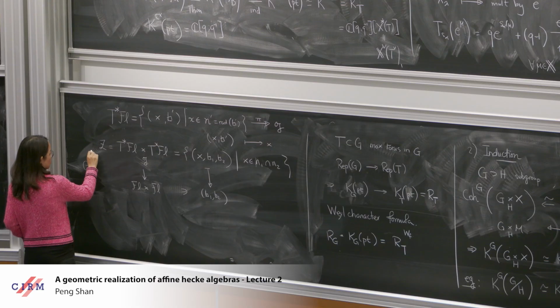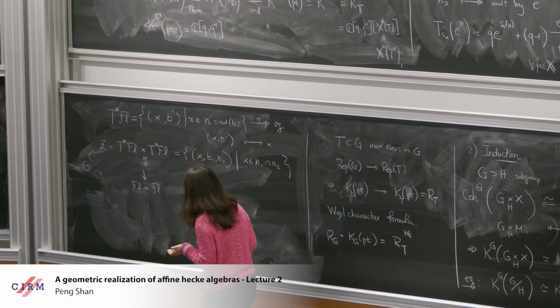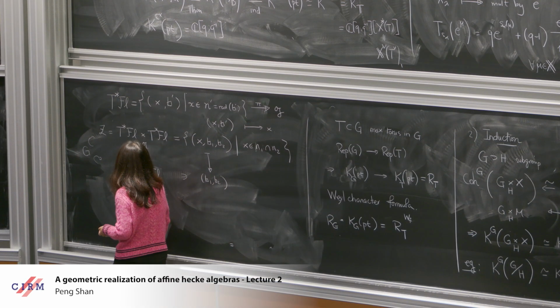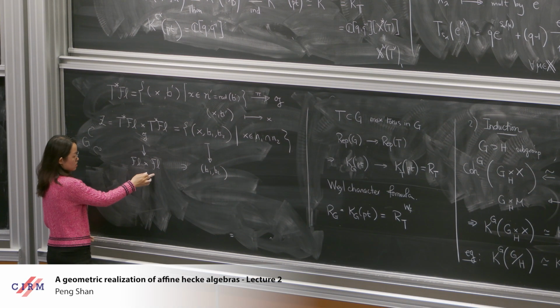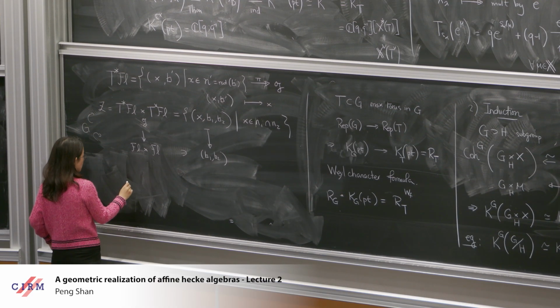Okay, but we're considering everything G-equivariantly. So you want to know what our G orbits look like in this space. On the flag variety, G acts diagonally, and so we have this isomorphism. I write it out.